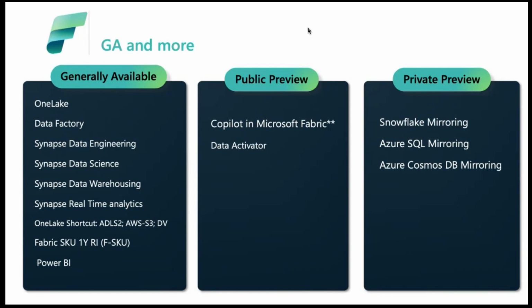And Data Activator is a new tool, you may have also heard it called Reflex, basically to do alerts on data and alerts on different kinds of scenarios. We won't go into that a lot, but that's also a new capability built into Fabric. Now, really quickly, on the private previews for mirroring.